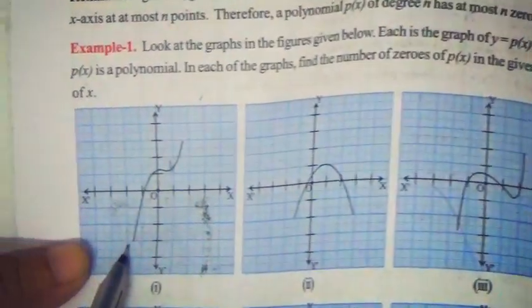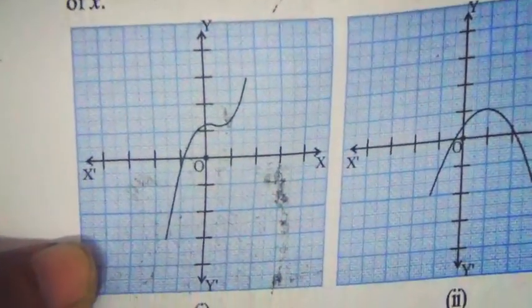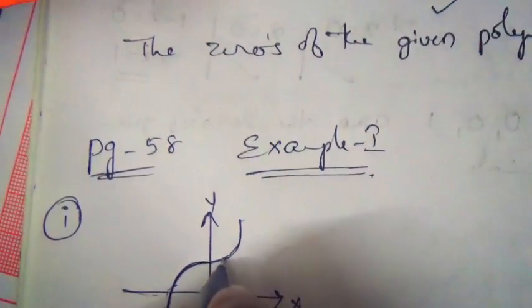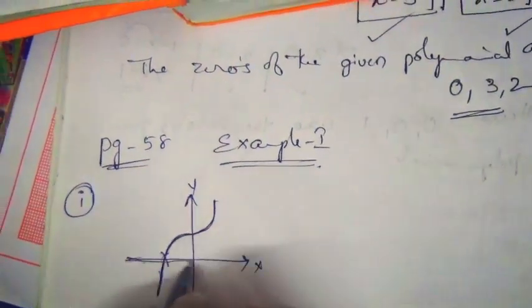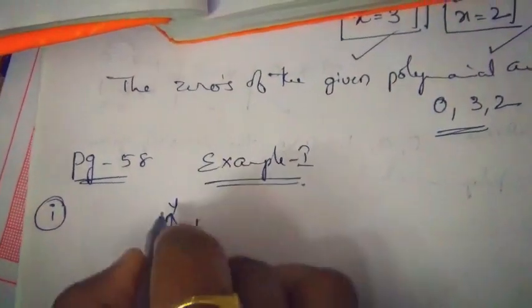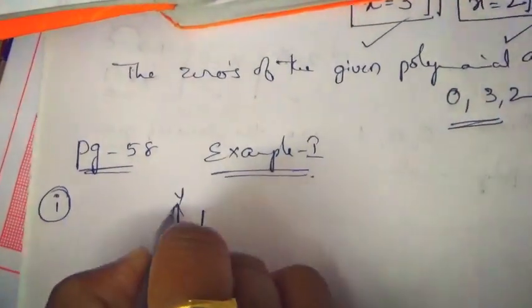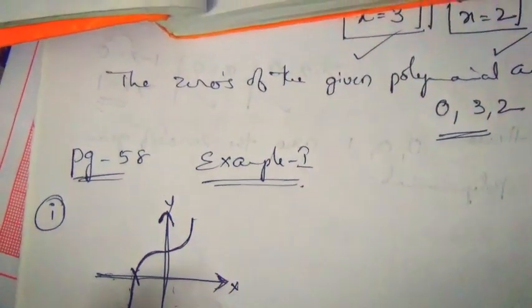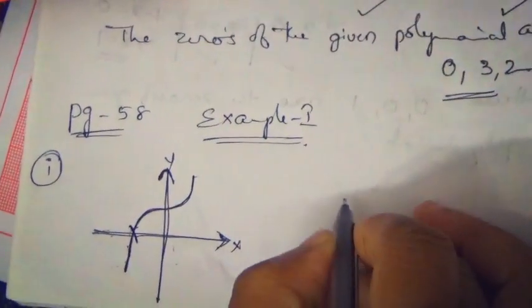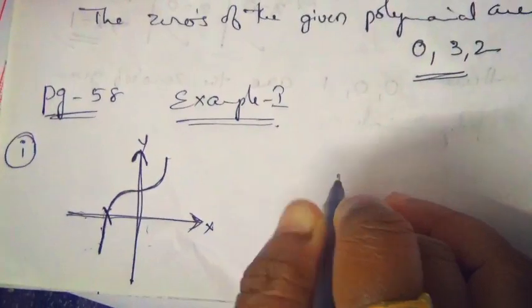The first graph here, I have drawn it in the notes. How many times does this curve touch the x-axis? Only once, right? We have to look at the x-axis, no need to look at the y-axis. So how many times does it touch the x-axis? Only once. How many zeros will you have? Only one. Why?